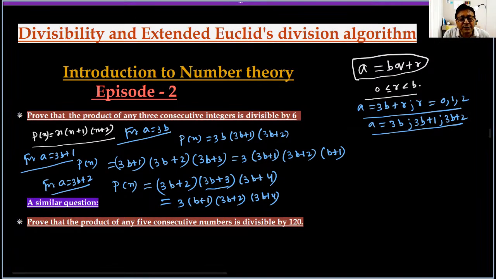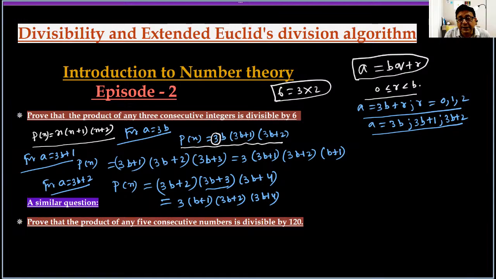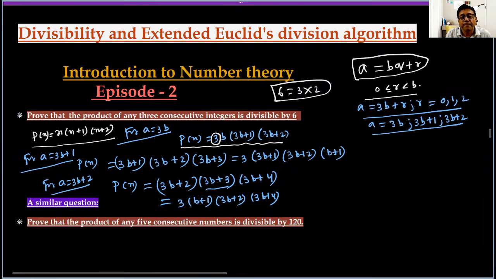Now make one observation here. This Pn contains a factor 3. 6 equal to 3 into 2. So this is divisible by 3. You need a factor 2 over there. How do you get it?